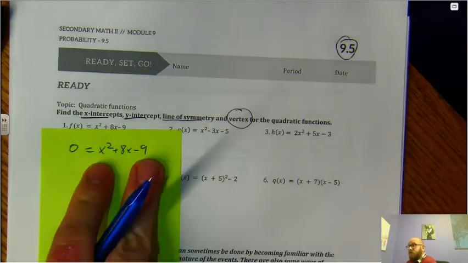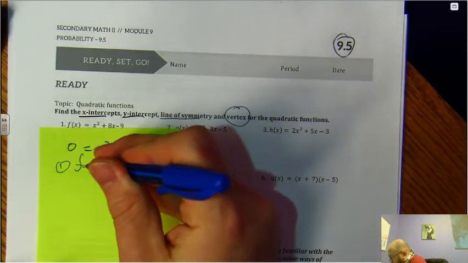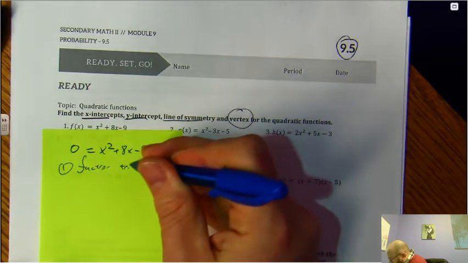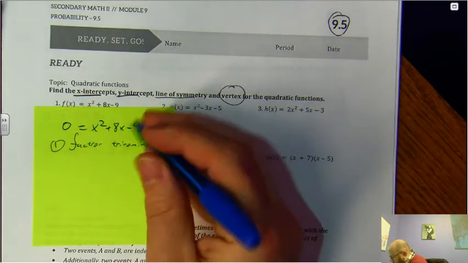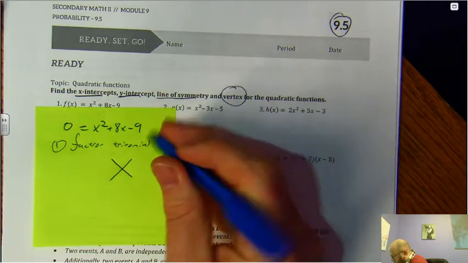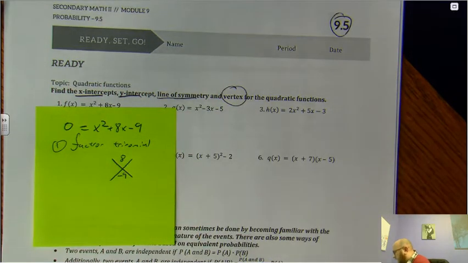Well, the first thing we need to do is factor our trinomial. So step 1 is factor our trinomial. And typically how we do this when we have an a of 1 is, I like the x method. We have 8, negative 9. We're looking for 2 numbers that multiply to negative 9 but add to 8.